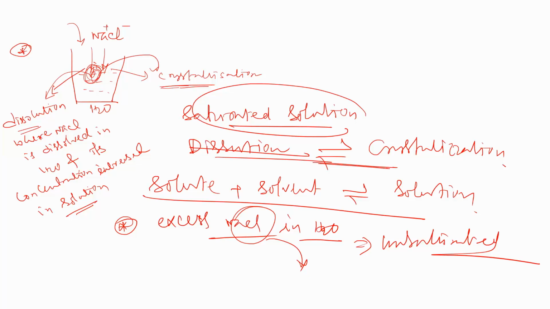But everything we have discussed here is at a specific temperature and a specific pressure, constant temperature and constant pressure. But what happens when we increase the temperature, lower the temperature, increase the pressure, or lower the pressure? What will be the effect on solubility? So now we will learn about the effect of temperature.